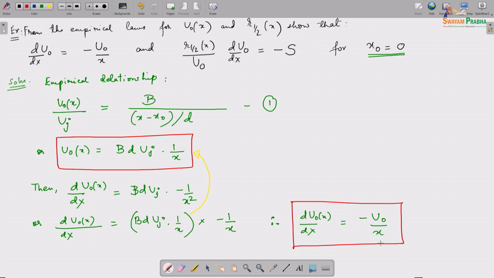Simple, right? We take the empirical relationship and this is what we get. This is the answer to the first one, what we were asked to figure out. Now that we have proven this, we have to go and show the next one. Let's see if we can do that.